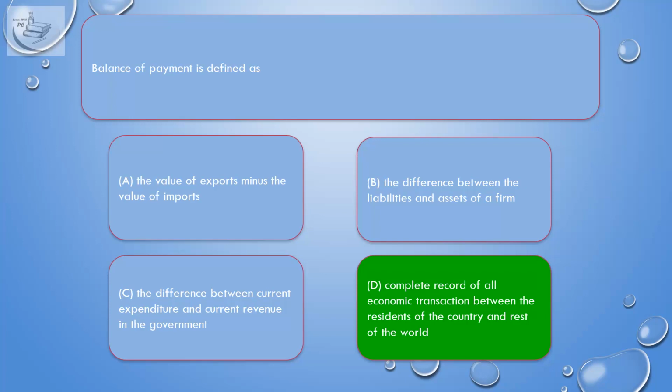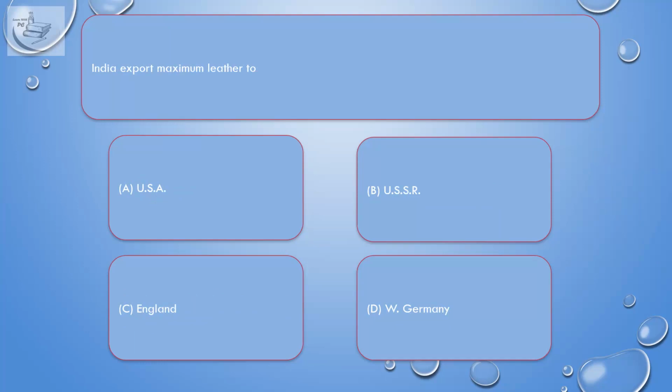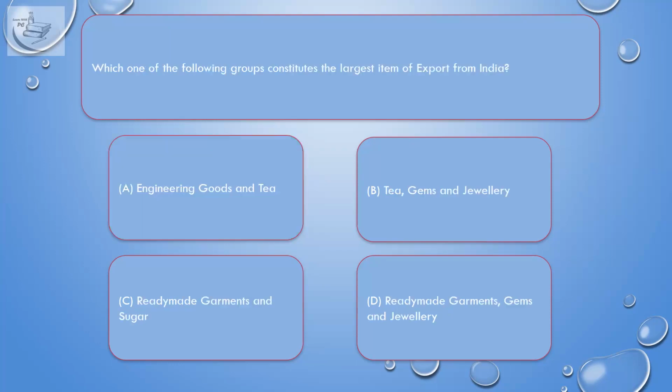Correct answer is D. Complete record of all economic transaction between the residents of the country and rest of the world. Question: India export maximum leather to A. USA, B. USSR, C. England, D. W. Germany. Correct answer is A. USA. Question: which one of the following groups constitutes the largest item of export from India?